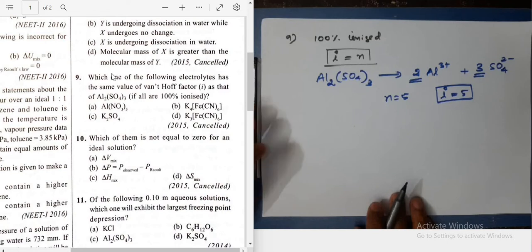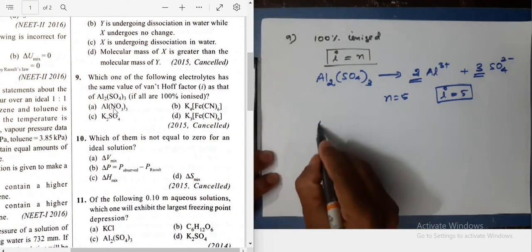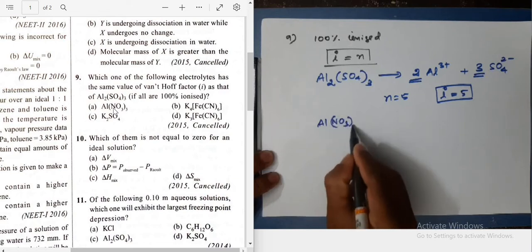Okay, now among the 4 given options, which one will give 5 ions, that we have to identify. If we take option A, we have aluminium nitrate, Al(NO3)3.